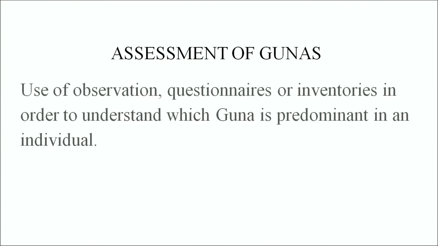Like we talked about last time, all these gunas are in interaction with each other, and some may be very predominant and some may not be. Hence, in order to understand that, you would have to maybe speak to the person, conduct interviews, or use certain questionnaires.